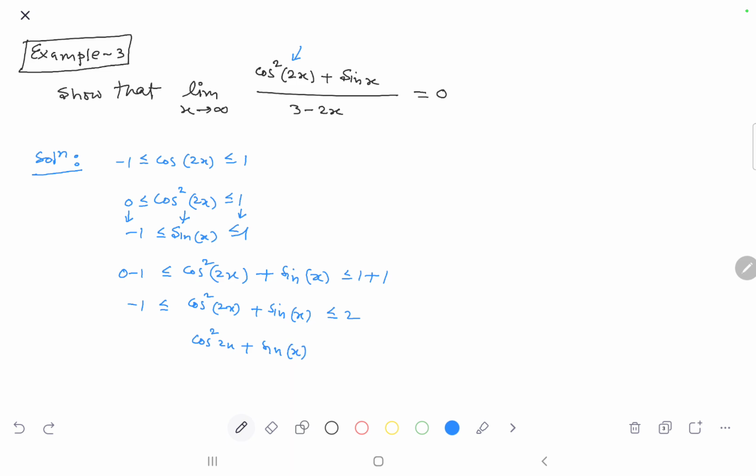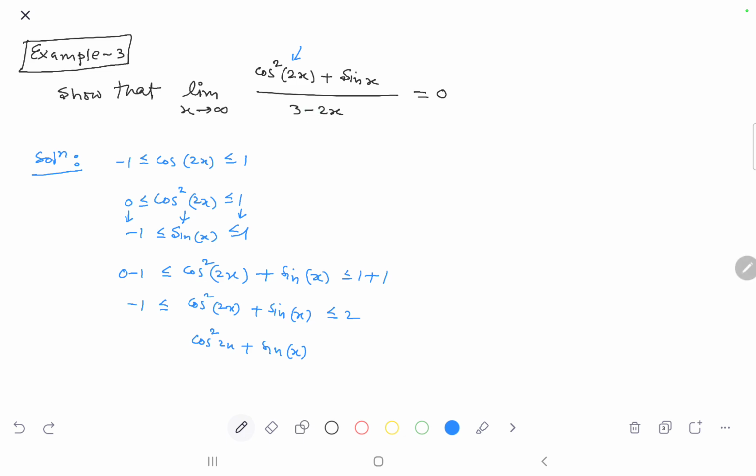See, Mayan, the same question. Here you have 3 minus 2x, x tends to infinity. So x is taking a very large value, right? So if x takes a very large value, then this is a negative quantity, right?